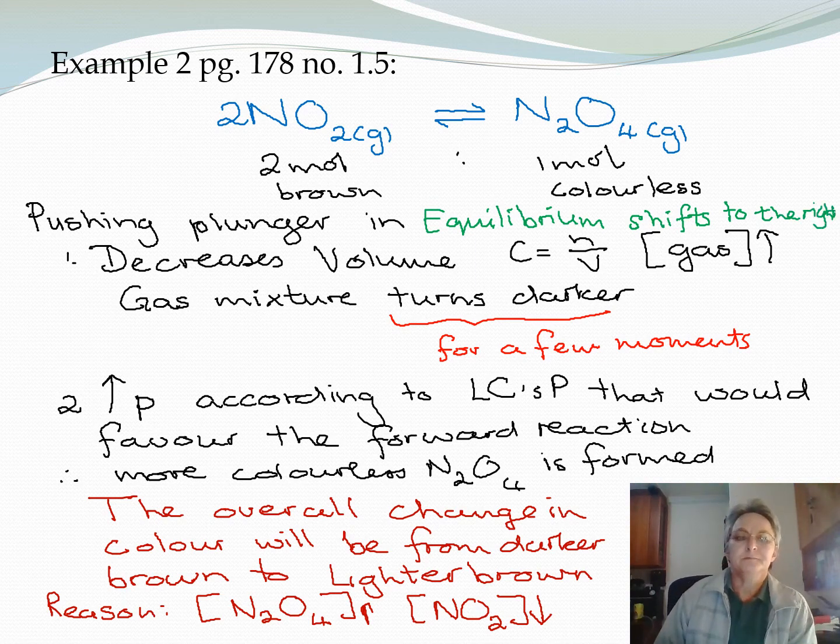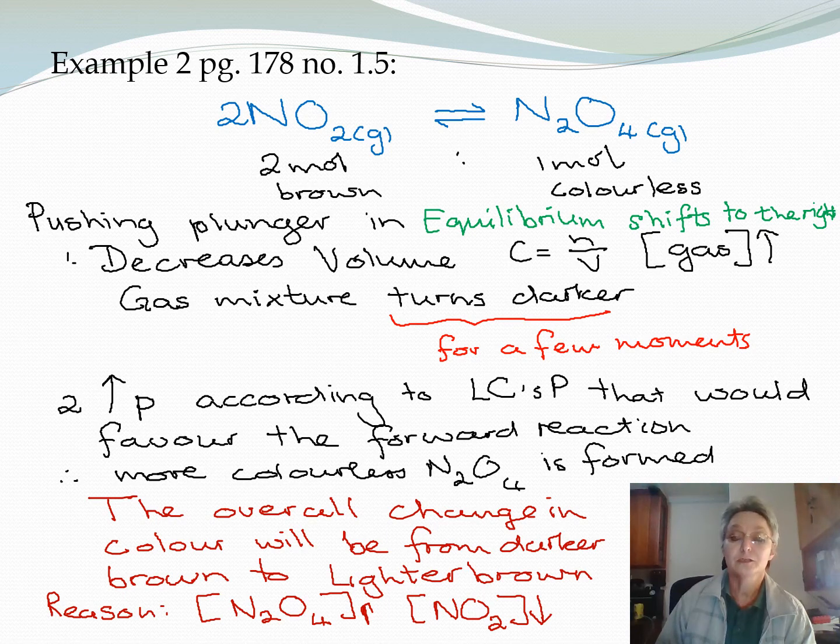Right, now space is a problem, so I'm going to verbally describe the plunger being pulled out. So if the plunger is pulled out, there will be an increase in volume, so the gas mixture will turn lighter for a few moments. Pulling the plunger out also decreases the pressure.